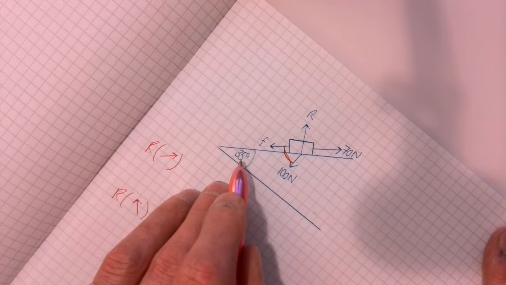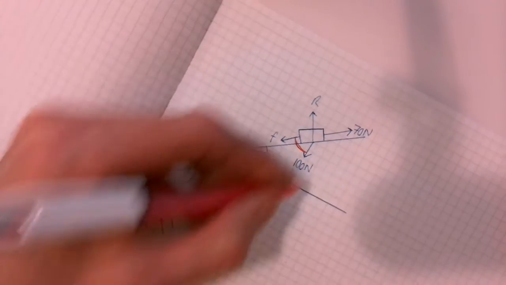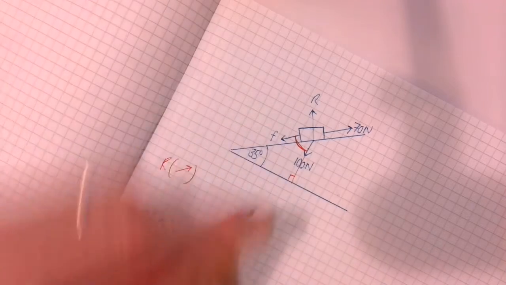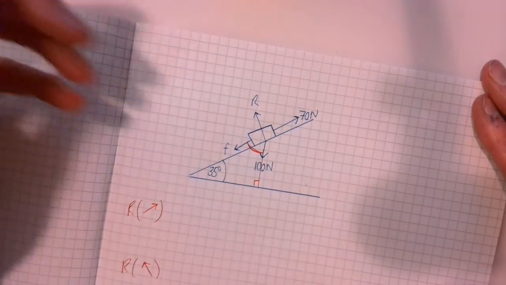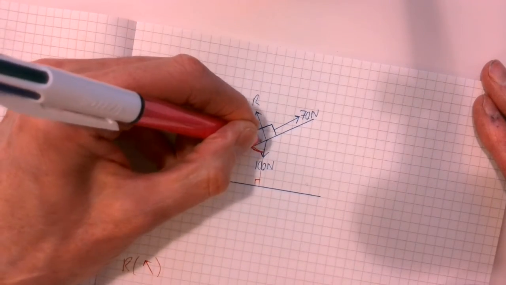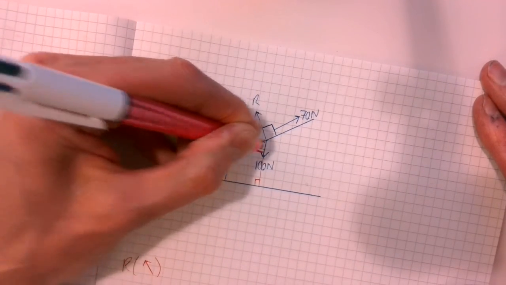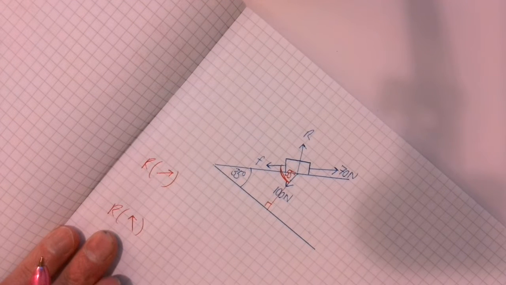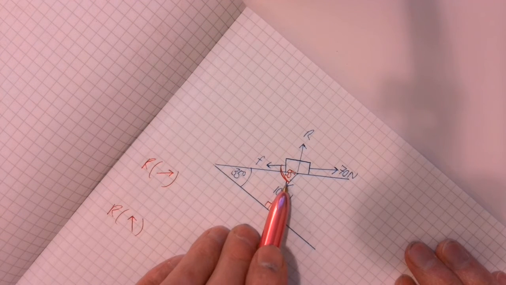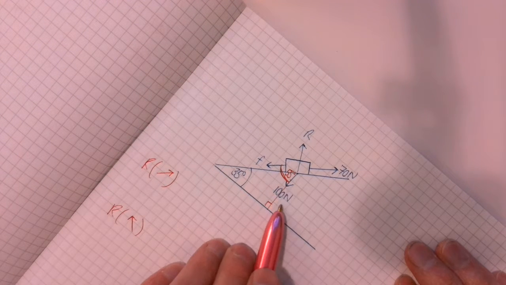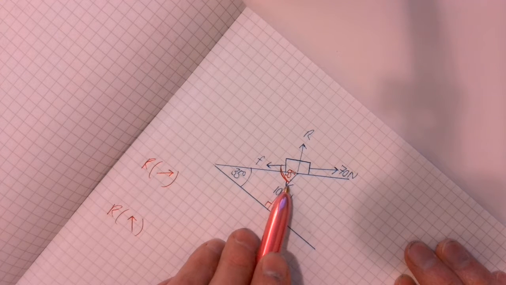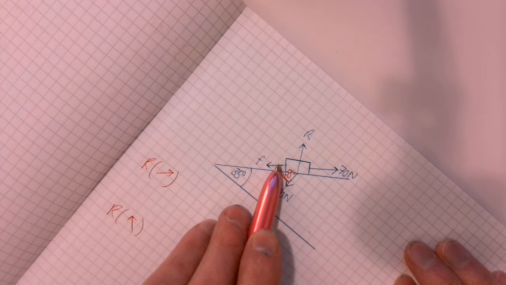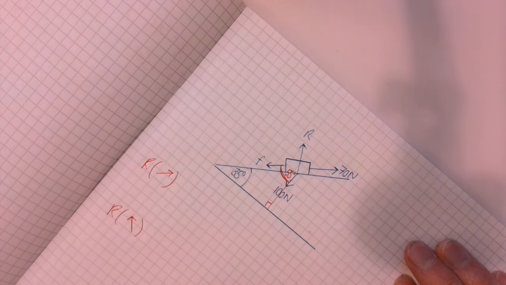And hopefully you can see that if this is 35 degrees and this is a right angle triangle, then this angle here will be 90 minus 35, so that's 55 degrees, okay? So that means that the component of that force is 100 newtons times the cos of 55. So I always say use cos when you know the angle. Well, I'm just in this video going to work out every angle that I need. I'm not going to use sine at all.